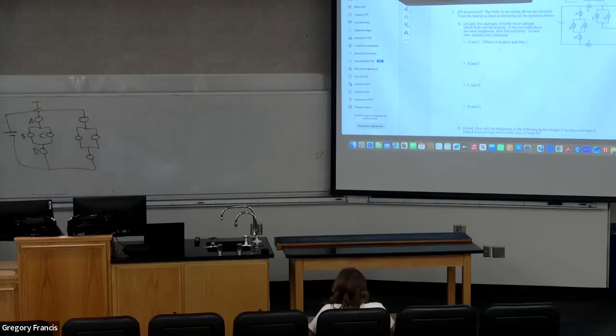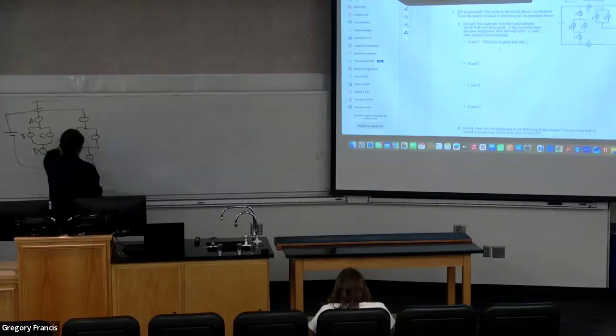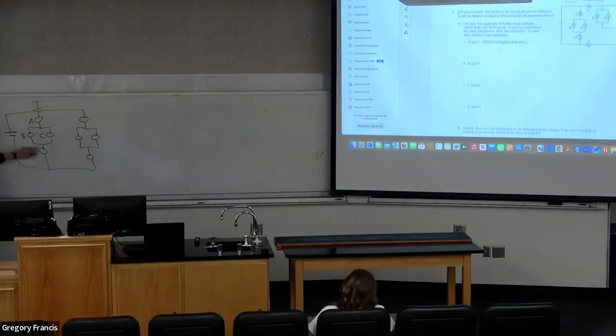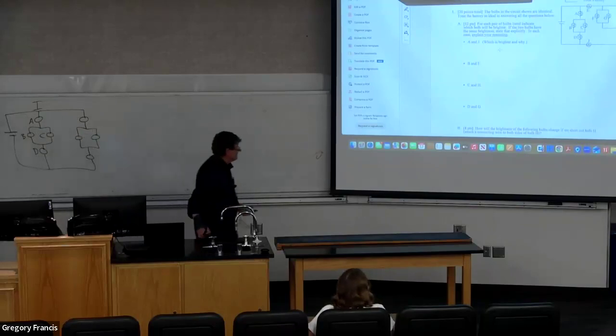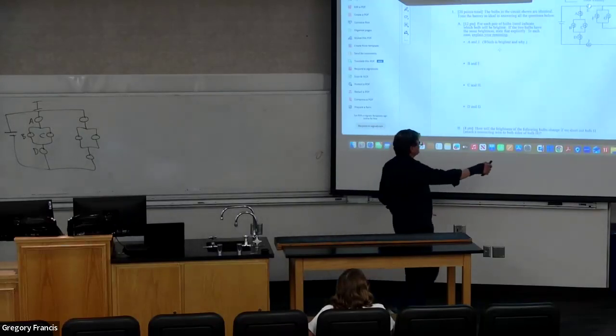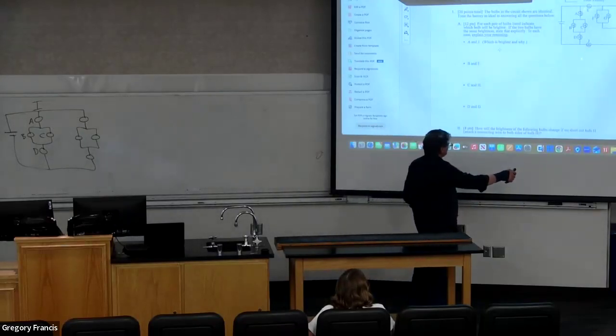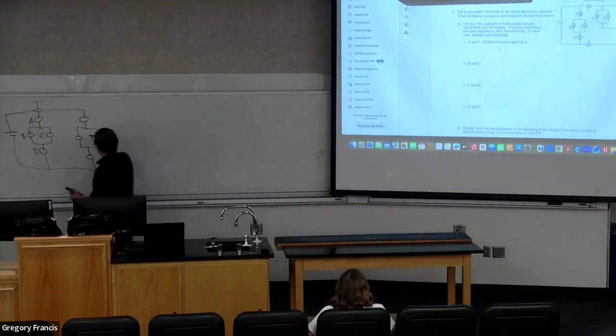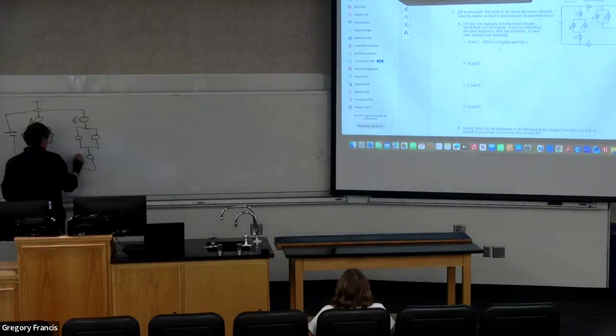Now I just need to figure out which bulbs are these bulbs. Well, it looks like I've got two indicator bulbs. Everything in branch one has to go through A and D. Everything through branch two has to go through E and J. And so this is going to be bulb E, and this is going to be bulb J.